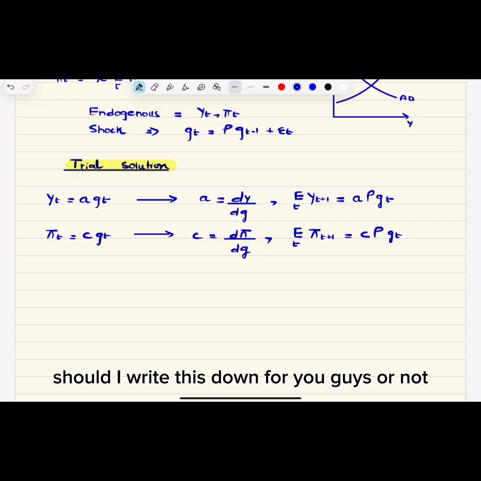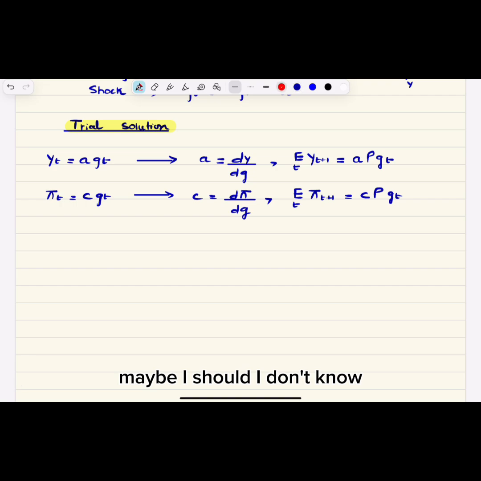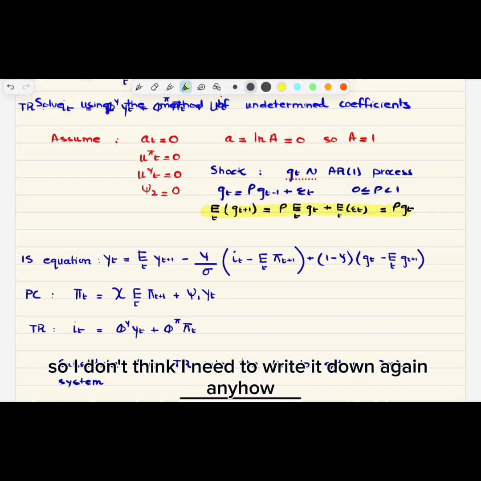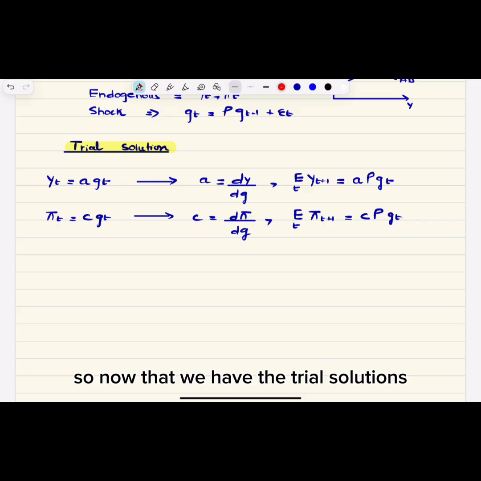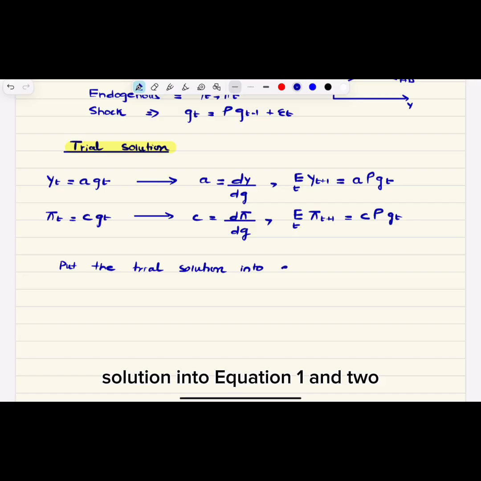Should I write this down for you guys or not? Maybe I should, but I actually have explained it here, so I don't think I need to write it down again. Anyhow, now that we have the trial solutions, you have to put the trial solution into equation 1 and 2.